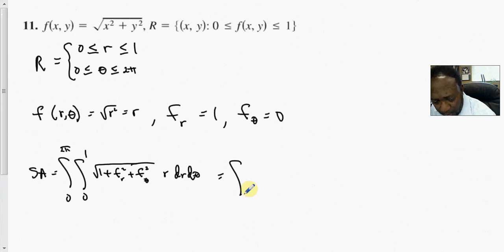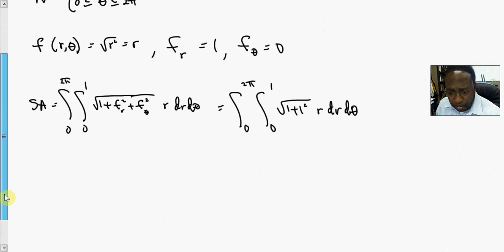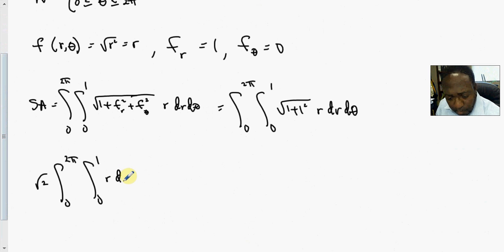So this is the integral from 0 to 2 pi, the integral from 0 to 1 of the square root of 1 plus 1 squared, times r dr d theta. So this is the square root of 2 out in front, the integral from 0 to 2 pi, the integral from 0 to 1 of r dr d theta.